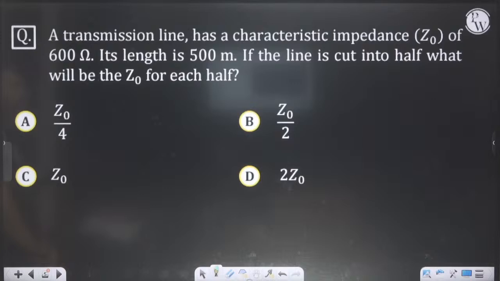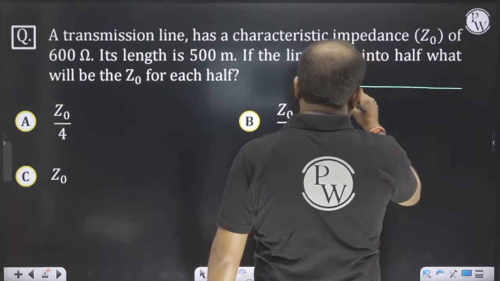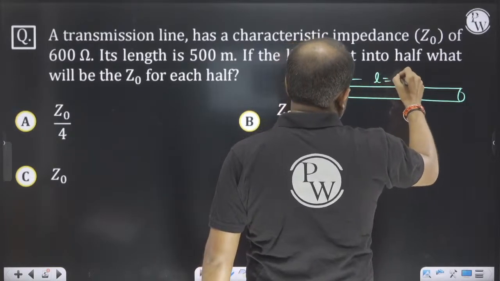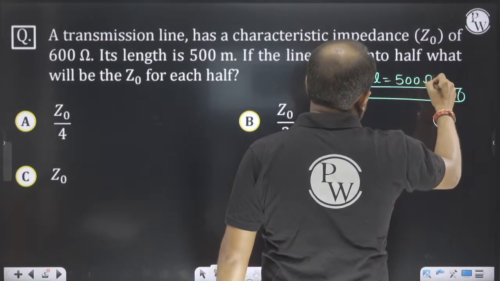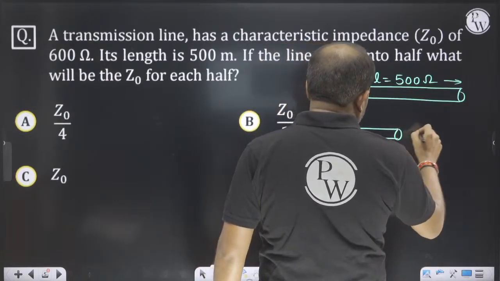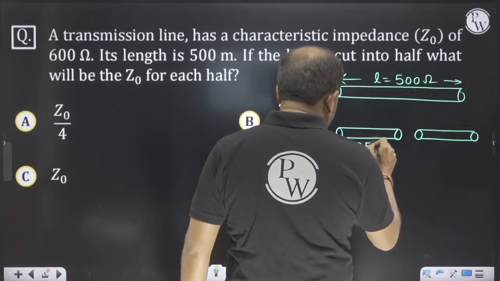Then they have said that a transmission line has characteristic impedance Z0 of 600 ohm and length is 500 meter. If it is cut into half, what is the characteristic impedance of each half? So we have a transmission line having length 500 meter, and it is cut into two parts, that means 250 meters and 250 meters.